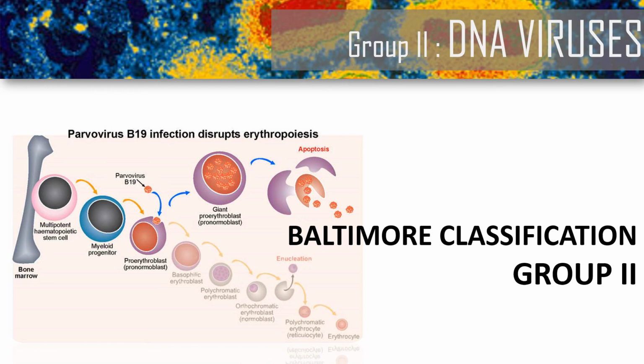Yan. And then your proerythroblast will become giant proerythroblast, and if hindi na ma-contain, nagbablast, kaya nagkakaroon tayo ng pagbaba ng number ng red blood cells mo.